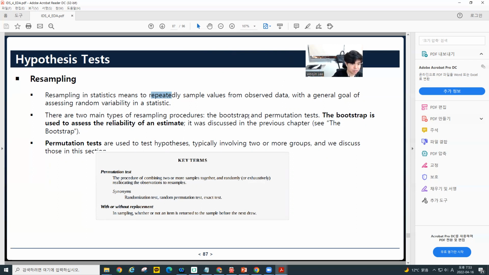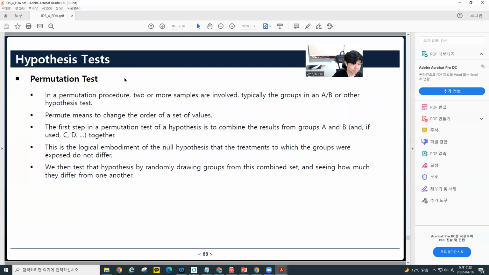By bootstrapping, having sampling many times, we can test the hypothesis by involving two or more groups, and that is called a permutation test.